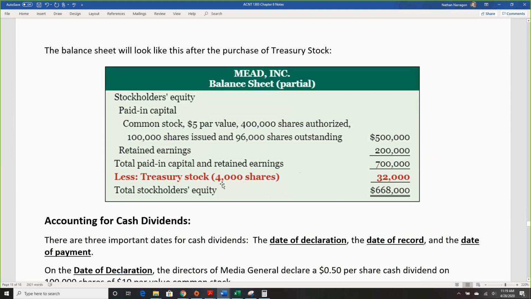And we allow our investors, or whoever looks at financial statements, to know how many shares are in treasury stock right now, which is 4,000. So again, cost point is 32K, and we just subtract to find out our total stockholders' equity. And that's it for treasury stock.